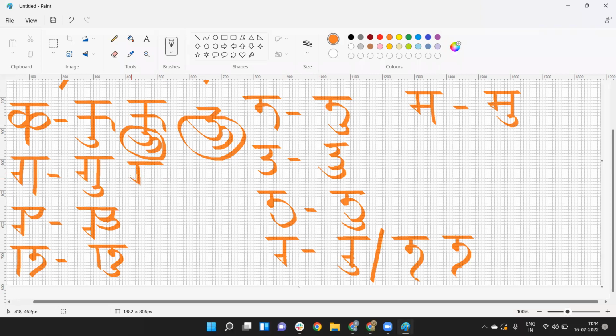Let's see it with G now. This lower part from U. With J, similar way.